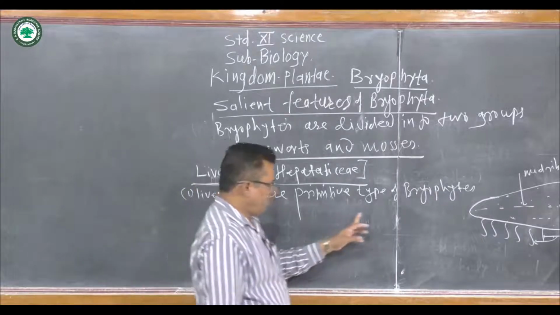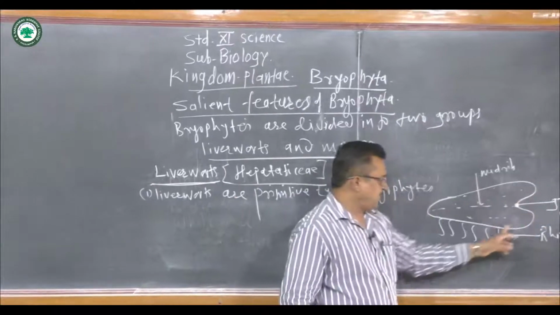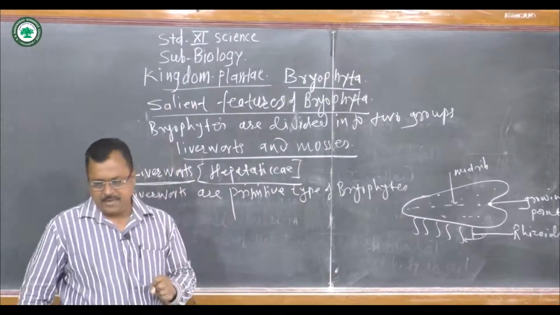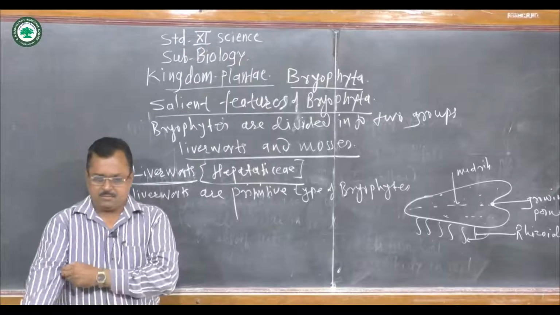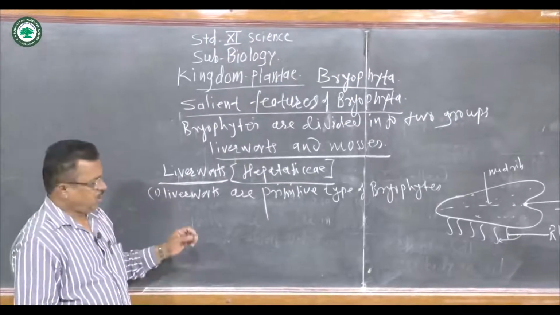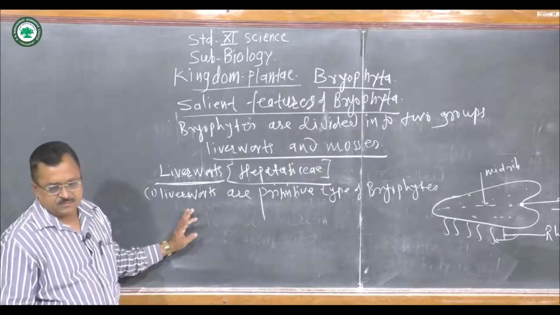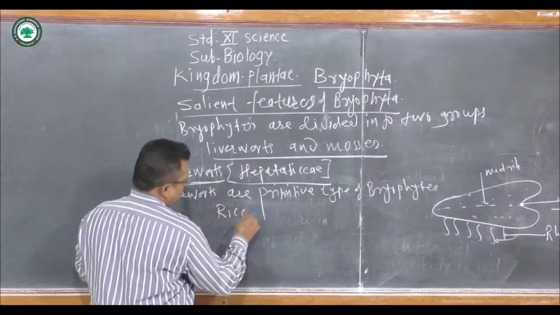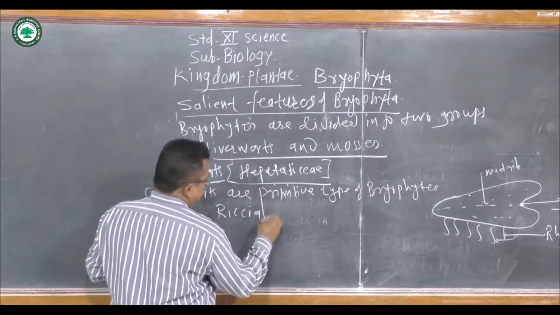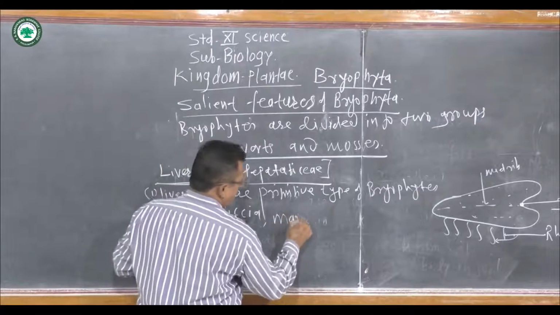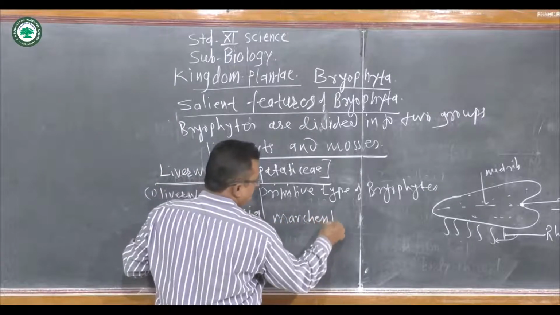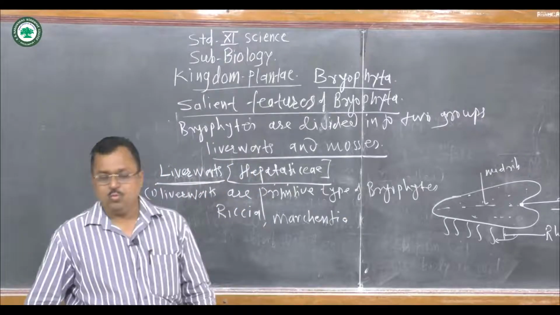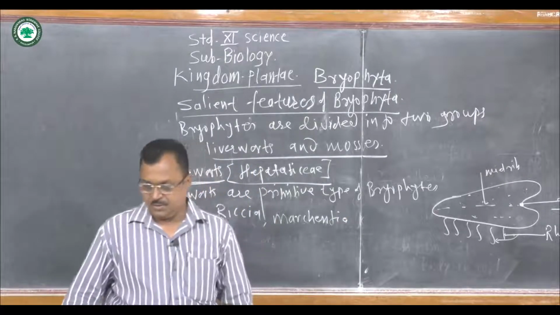In primitive bryophytes, the plant body is a thallus, it is the gametophyte, dorsoventrally flattened, and green in color, prostrate with unicellular rhizoids. For example, Riccia and Marchantia. These are the primitive group of bryophytes.